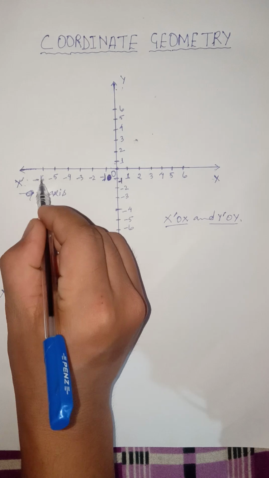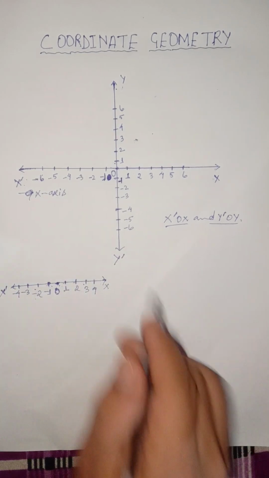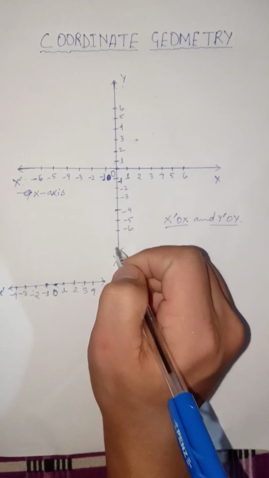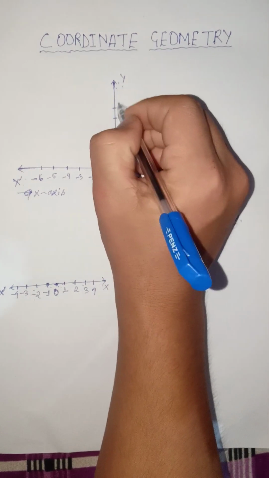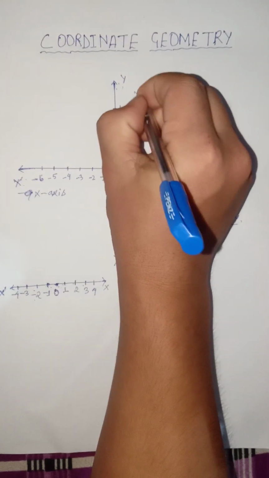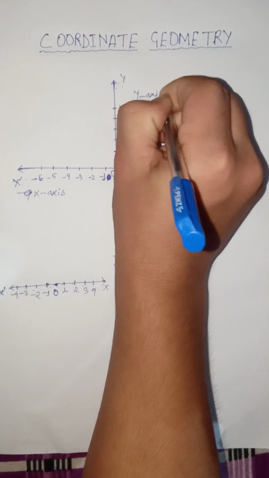The horizontal line we call the x-axis, and the vertical line we call the y line, or y-axis. Understand?